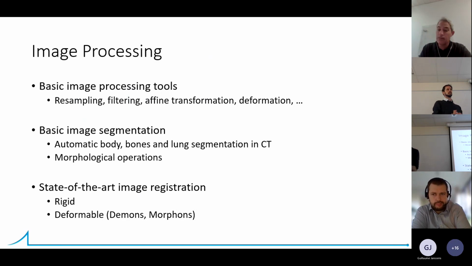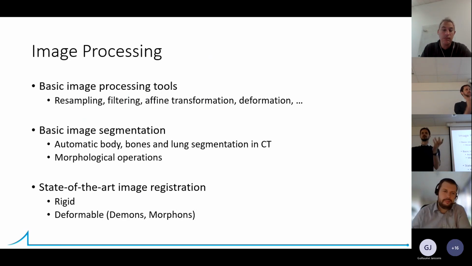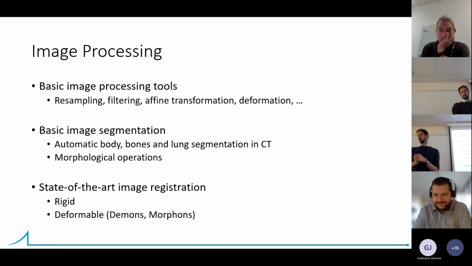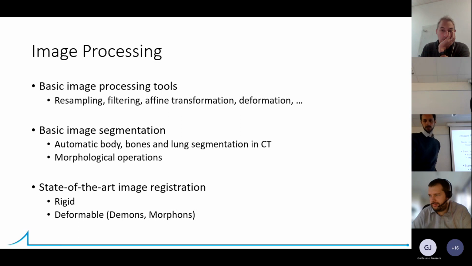If you have a CT that doesn't have contours, in many cases you would like to have, for instance, just a cropping around the body because you gain a lot of time. That's the kind of basic tools that make our lives easier, and they're available. And obviously all the morphological operations to change the size or erode and dilate the masks. Then we have also some state-of-the-art image registration tools, so rigid and deformable, mostly daemons and morphons, and I will describe afterwards what that means.